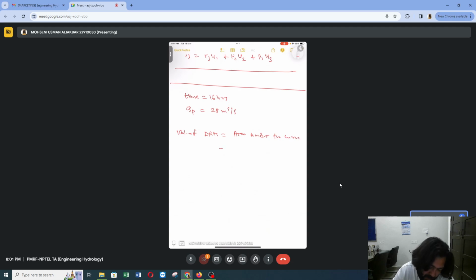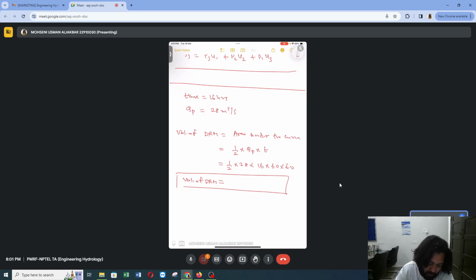They are saying that the shape is triangular. So for a triangle, the area is half into peak discharge into time. But the condition is that the time should be in seconds, right? So half into peak discharge 28, and 16 hours we can convert into seconds. If we multiply these terms, we'll get the volume of DRH, which will be in meter cube.